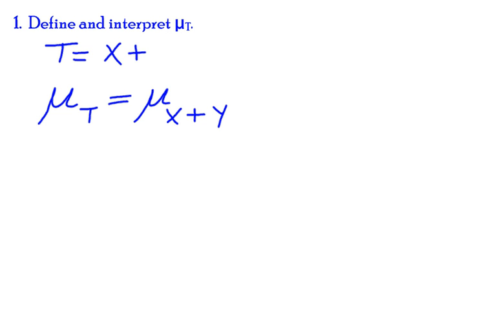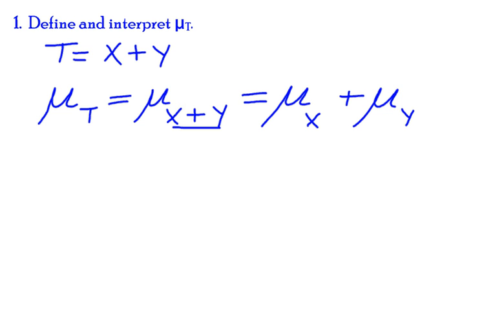I apologize, that should be a y here up top, not a t. From what we just saw, the mean of the combination of random variables is just the means, in this case added together since we're combining through addition. We were told that the mean of x was 1.1, and the mean of y was 0.7. Therefore, the mean of t is 1.8.